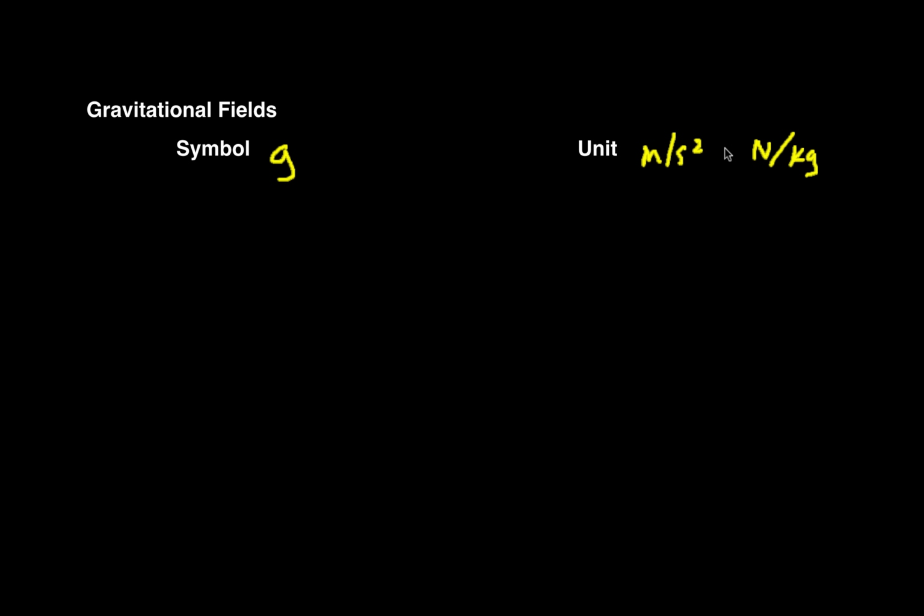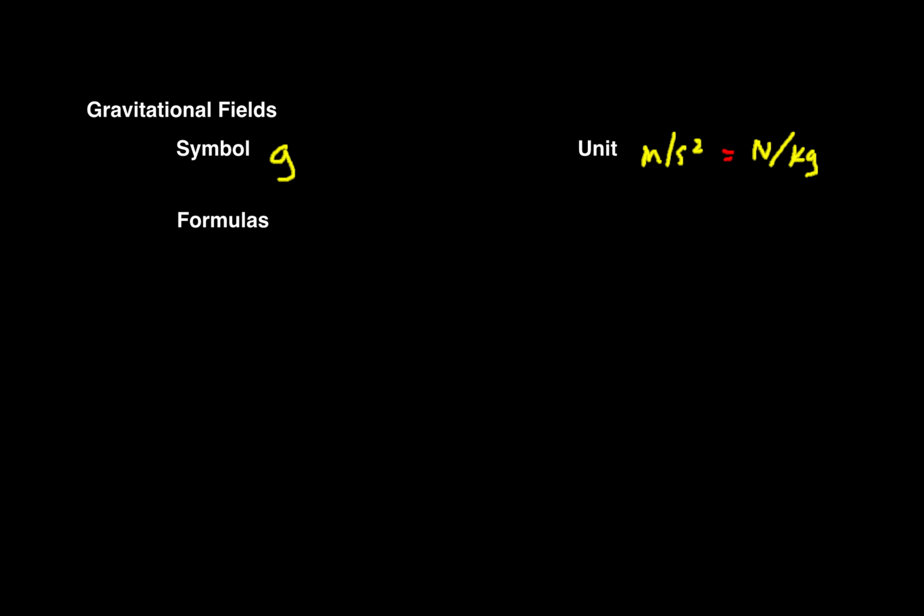I'm going to show you that these two are actually equivalent. Since a newton is a kilogram meter per second squared, and a newton divided by a kilogram cancels out the kilogram to be just a meter per second squared, we could write the unit for gravitational field as either a meter per second squared or a newton per kilogram. Either one works.